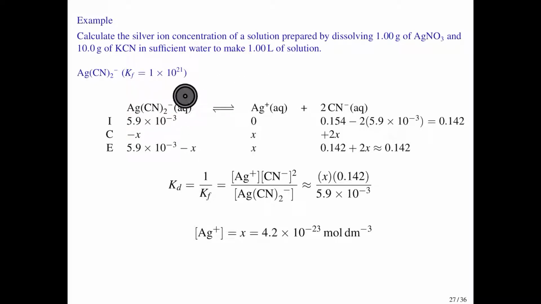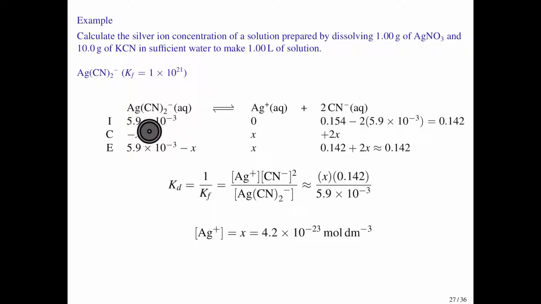You see the cyanide is present here in the compound. So you take this 10 grams of potassium cyanide and determine the number of moles per liter that you have of cyanide, and that's going to be 0.154. Then you need to subtract from that the amount of cyanide that reacted to form the complex ion.